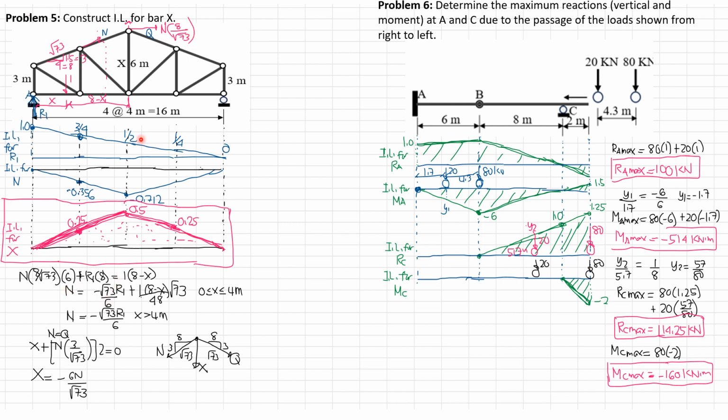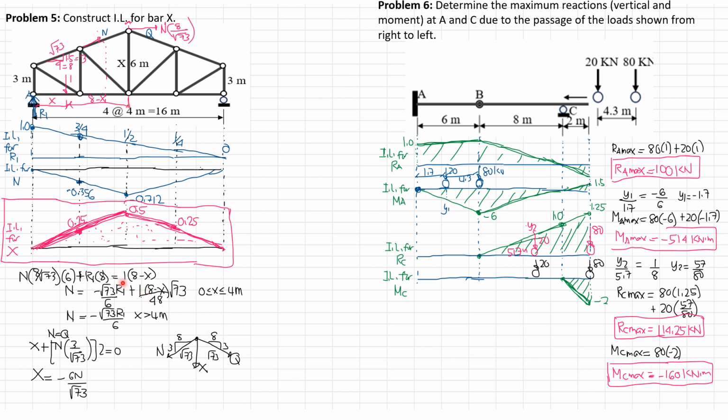So, considering this section, we sum up moments about this point equals 0, so horizontal component N times 8 over square root of 73 times 6, which is this term here, plus R1 times 8. R1 times 8 is equal to 1 times 8 minus x, if this is x.